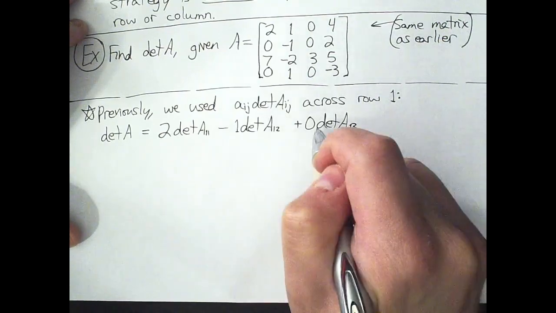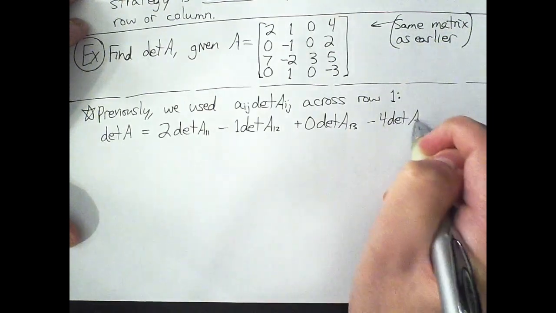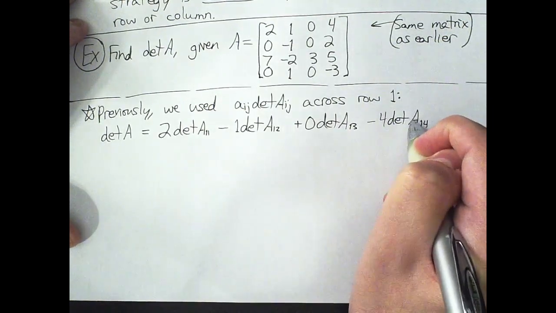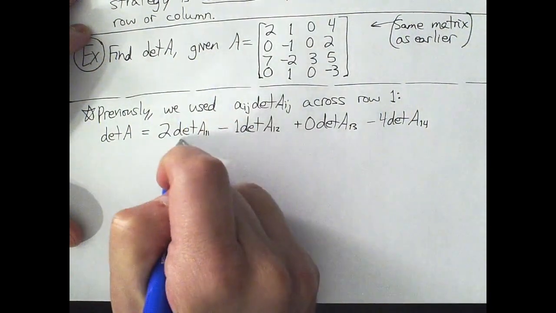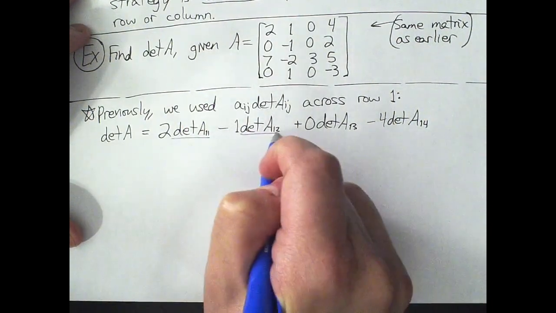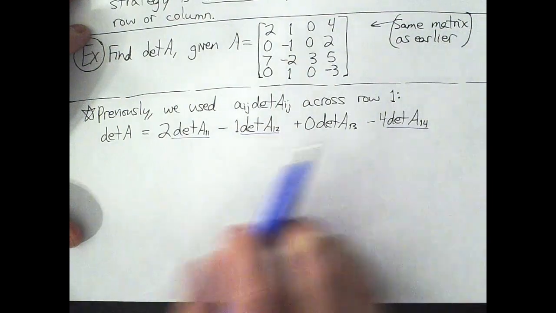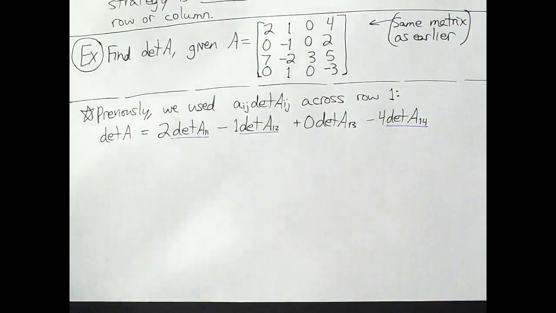That one was nice because it was a 0. Minus 4 determinant A14. A few of these turned out to be zeros, but we didn't know that until we did it. We had 3 3x3 determinants that we had to figure out, and it took a while.